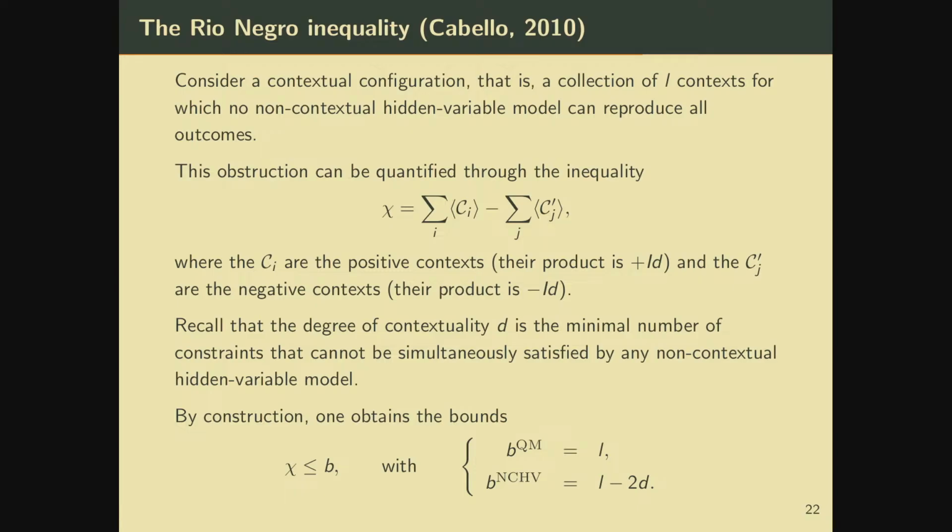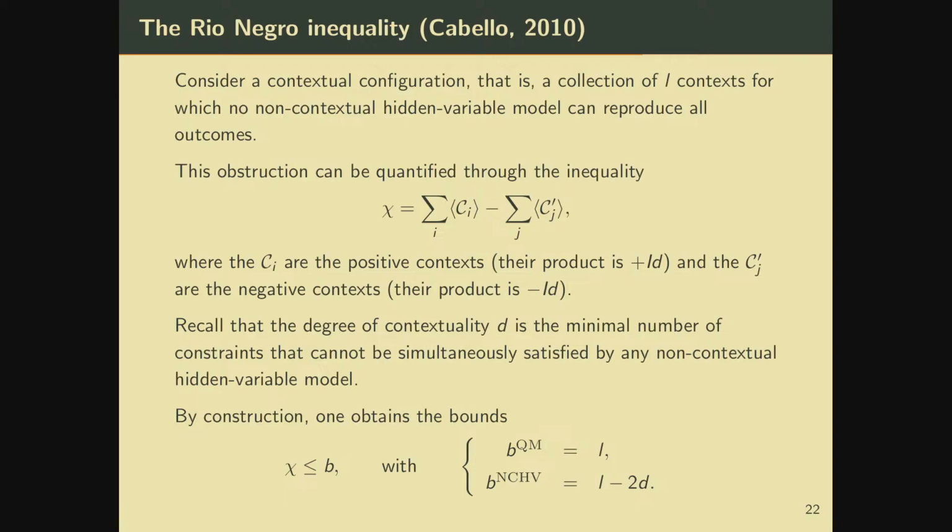So why is it interesting? Well, if you remember, the positive contexts are the contexts where the product of the observables is plus identity, and the negative contexts are the contexts for which the product of the observables is minus identity. So we know what quantum mechanics predicts for the measurement of such a quantity, because we are measuring identity and minus identity.